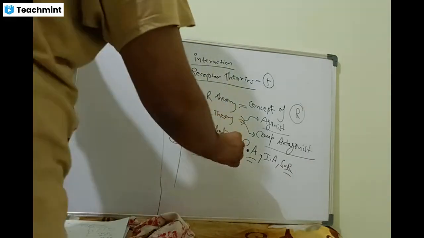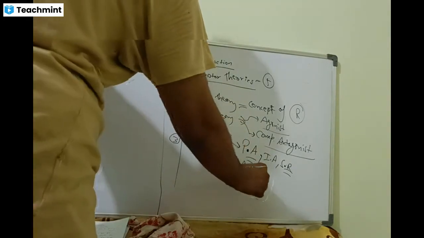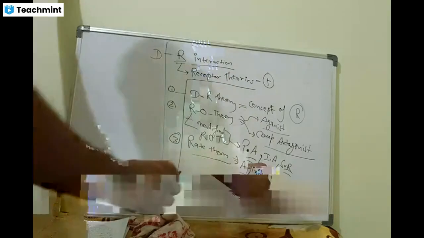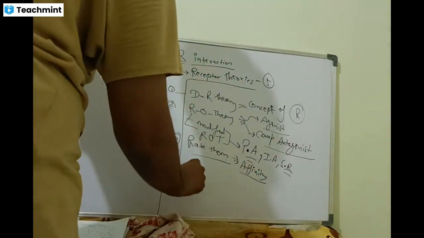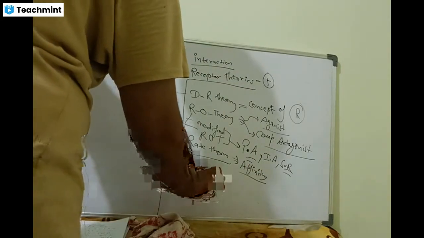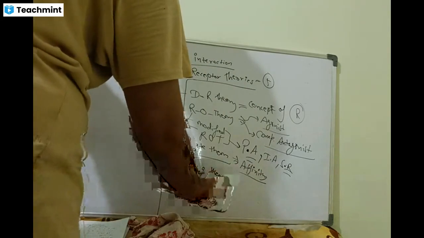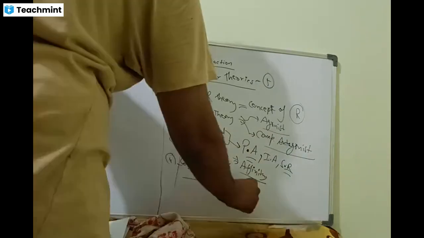From the rate theory, the concept of affinity. The number four, there is two-state theory. From the two-state theory, the concept of inverse agonist evolved.